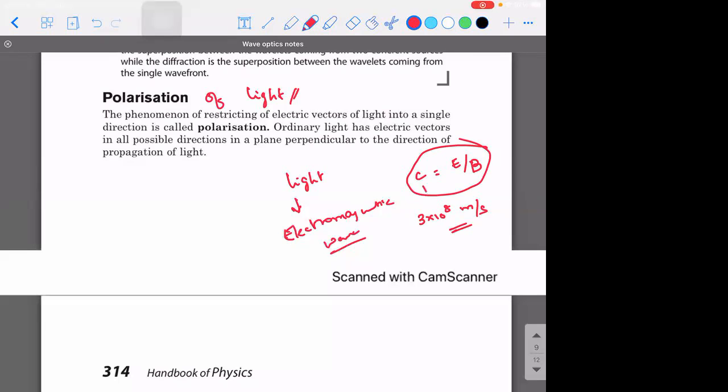If this value is this high, tell me, out of the electric field and the magnetic field, which one is dominant? The electric field. Obviously the electric field, because that is in the numerator, right? When the electric field is going to dominate, we need to observe how the light is actually going to get transmitted.